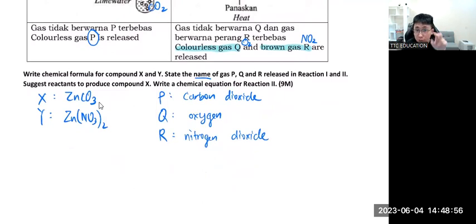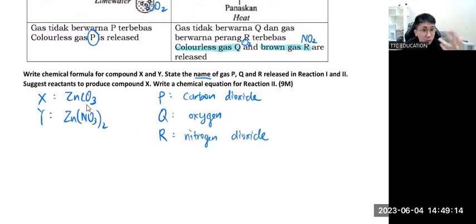I mentioned whenever you see CO3, most likely it is insoluble, unless the partner in front is a spar salt. Zn is not spar, so this X is still an insoluble salt, so we're going to use the insoluble salt method.